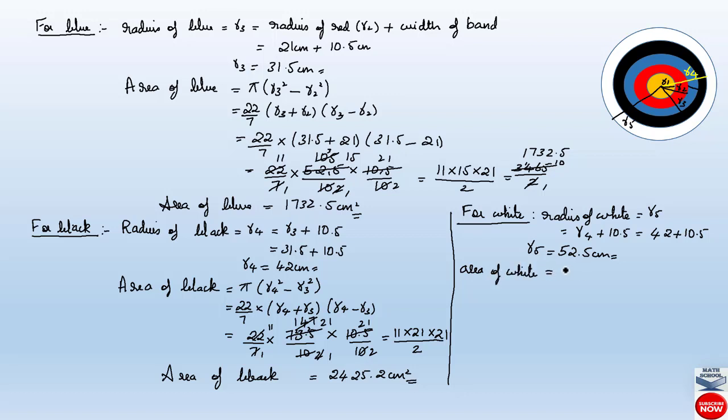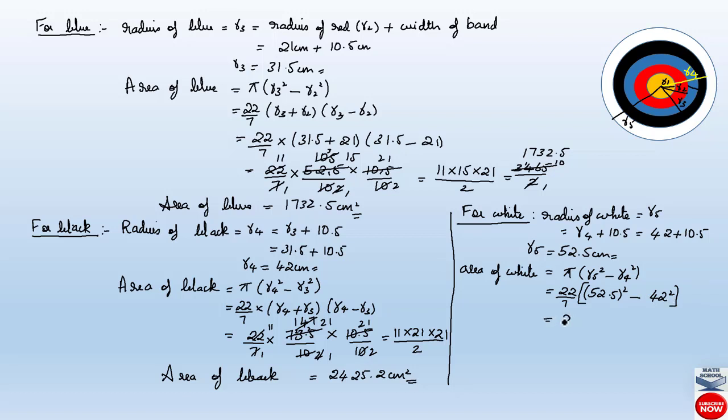Right, so now we will find the area of white. So area of white will be pi into, here the bigger circle is the white circle and the smaller circle is the black circle. So the radius of the bigger circle is R5 square minus the smaller circle R4 the whole square. So the pi value is 22 divided by 7 into the R5 value we found to be 52.5 the whole square minus R4 is 42, so 42 square.